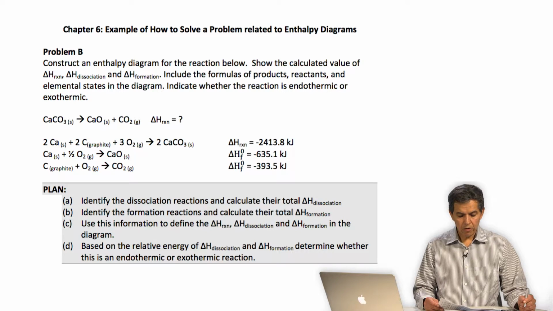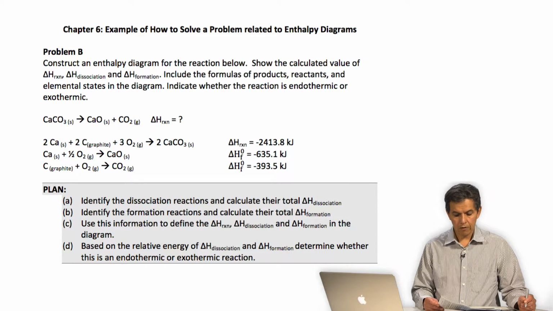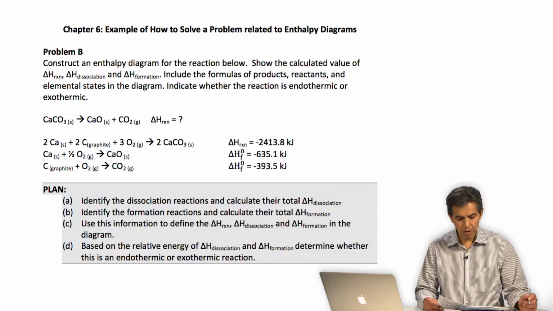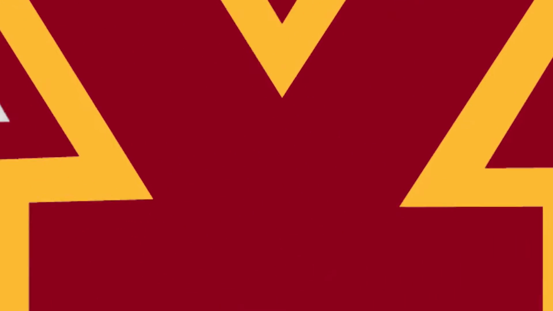We will use this information to define the delta H of the reaction, the delta H of dissociation, and the delta H of formation in the diagram that we just drew. Finally, based on the relative energy of delta H dissociation and delta H formation, we will determine whether this reaction is endothermic or exothermic.